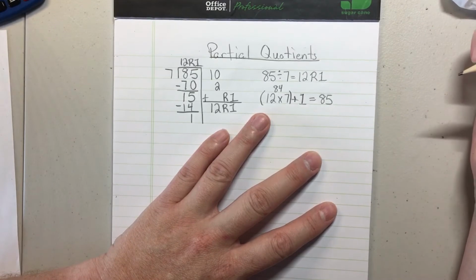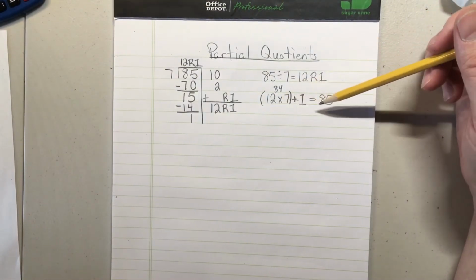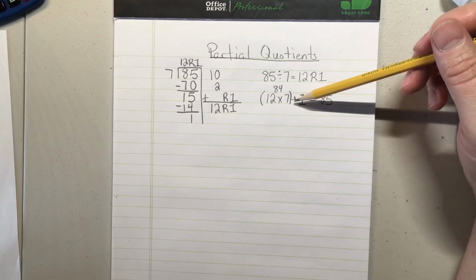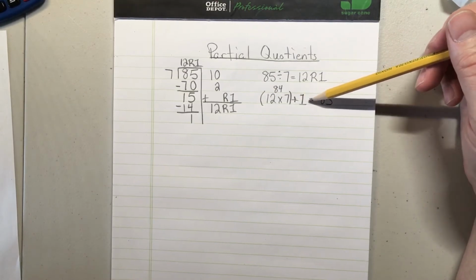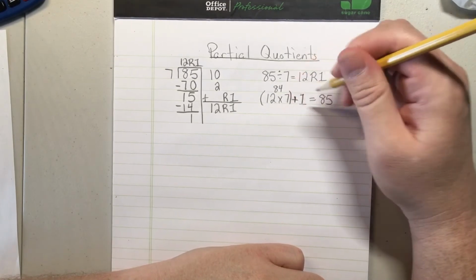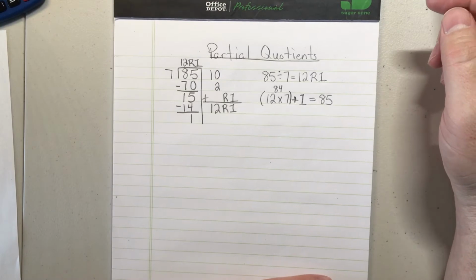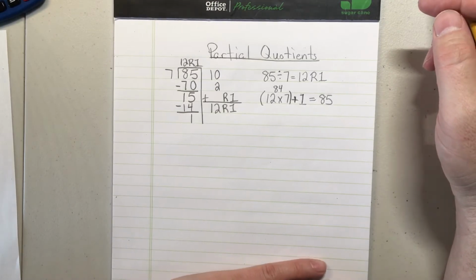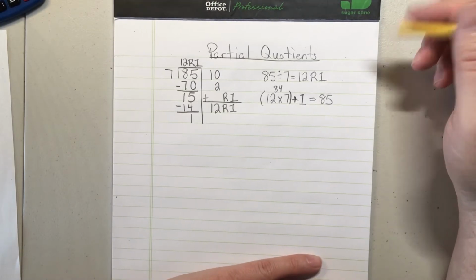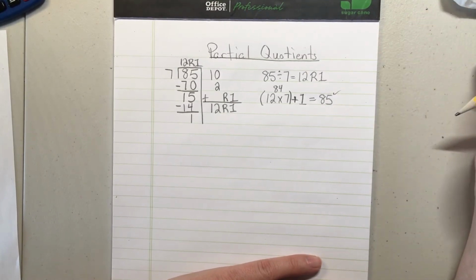So that's using the inverse operation in order to solve this problem. Now you can see why it's going to be a little bit more advanced for your third graders. That's a message to my class and their parents. But you can see how it would work out. It does take practice.